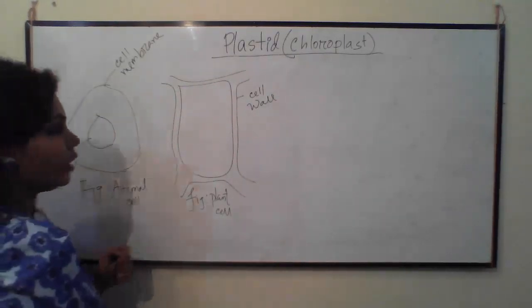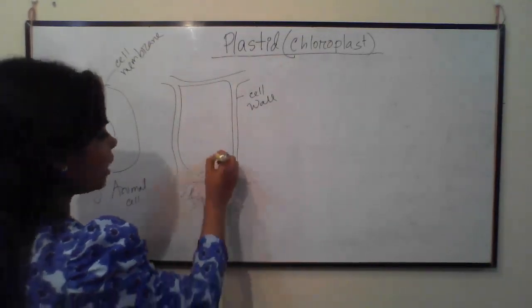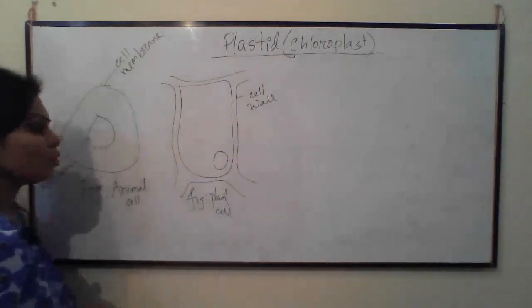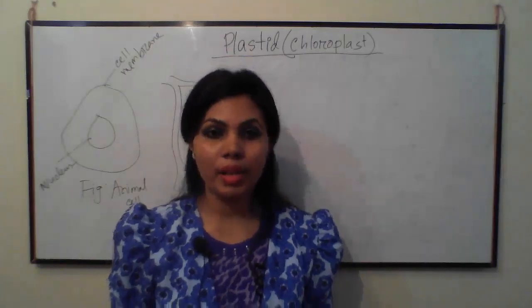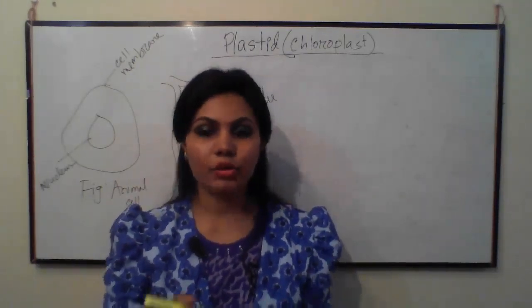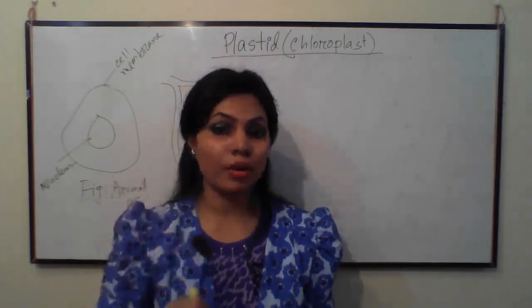But in plant cell the nucleus is at the corner of the cell. Do you know the reason why in plant cell the nucleus is not at the center, not in the middle, but at the corner?